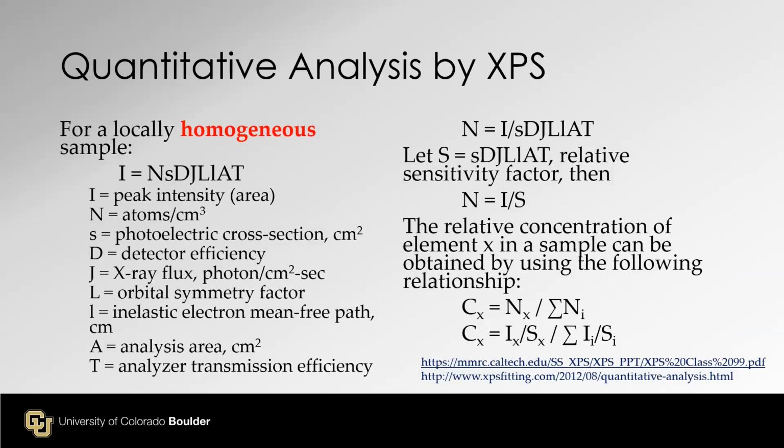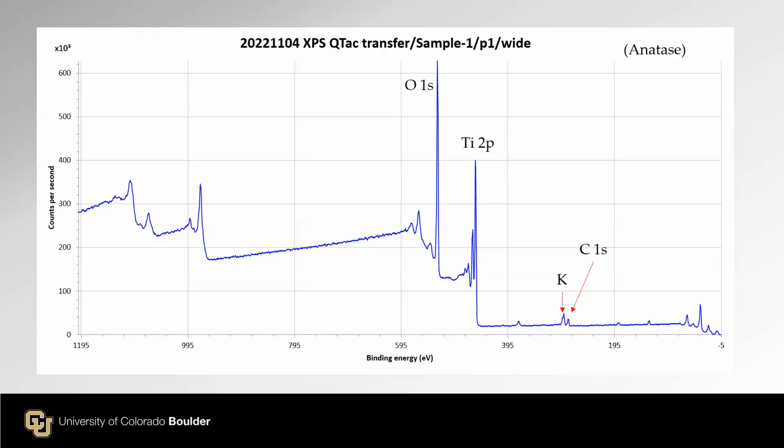Okay, quantitative analysis by XPS. You can ignore all the informations, but I want to mention the most important assumption for XPS quantitative analysis. For locally homogeneous sample, quantitative XPS analysis can be performed. So you can get quantitative analysis using this XPS data, but it's not homogeneous structure, right?